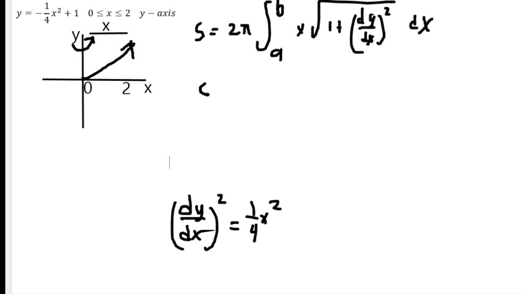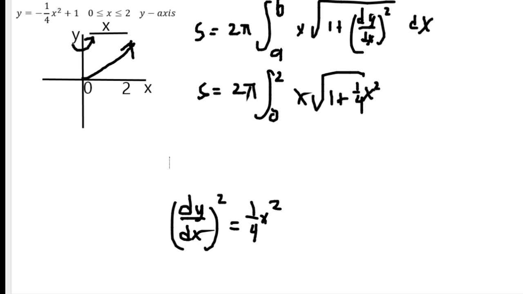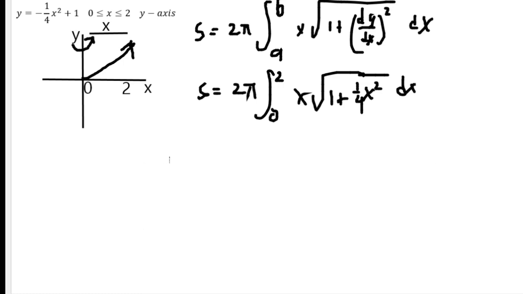So what we have here is the surface area of revolution is going to be 2 pi integral from 0 to 2 times x. We're not going to put anything on x because we don't have any given value of x. So we leave it with this.